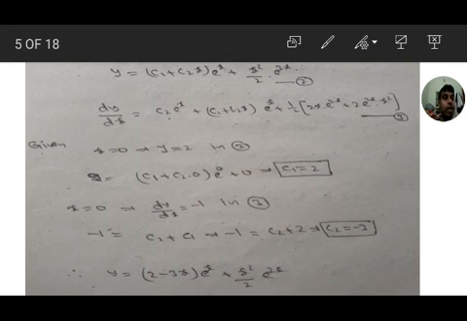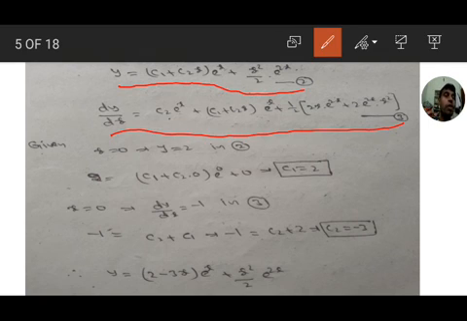Now, as it is an initial value problem, we have two conditions. First take the given solution as equation 2, and take the derivative using the u into v method. In the first two terms u into v, and in the second two terms also u into v, we get dy by dx. Then substitute these two conditions. First condition: x equal to 0, y equal to 2.